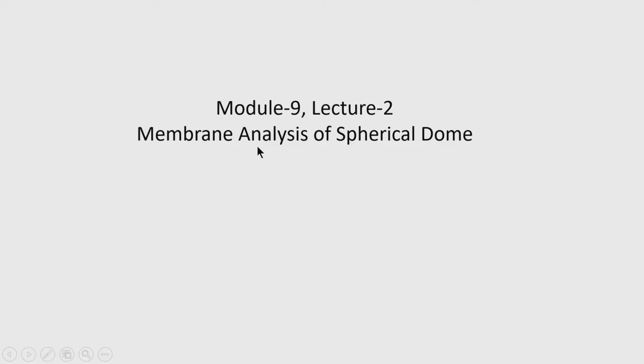So, today I will discuss a surface of revolution which is formed by rotating an arc of a circle, and it is commonly known as a spherical dome. Today our discussion will be the membrane analysis of a spherical dome subjected to gravity loading along the surface of the shell, and also loading which is spreading over the horizontal plane of the shell.